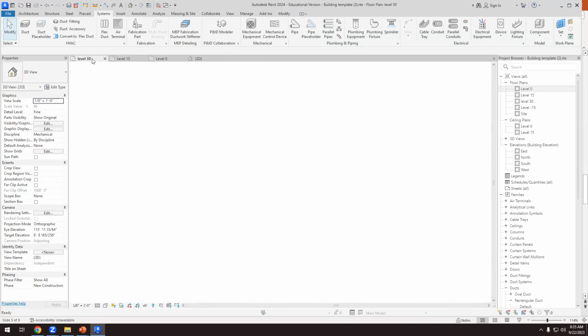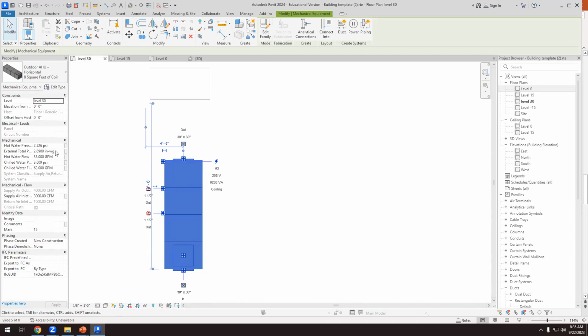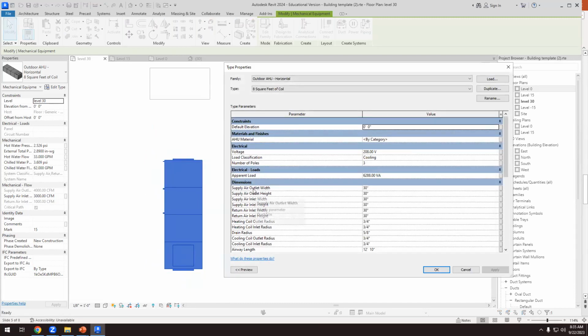Remember, what we have to do first is to change this because this is 30 by 30, and 30 by 30 is too much. So let's edit type. For the supply air outlet, I'm going to type 20 by 20.